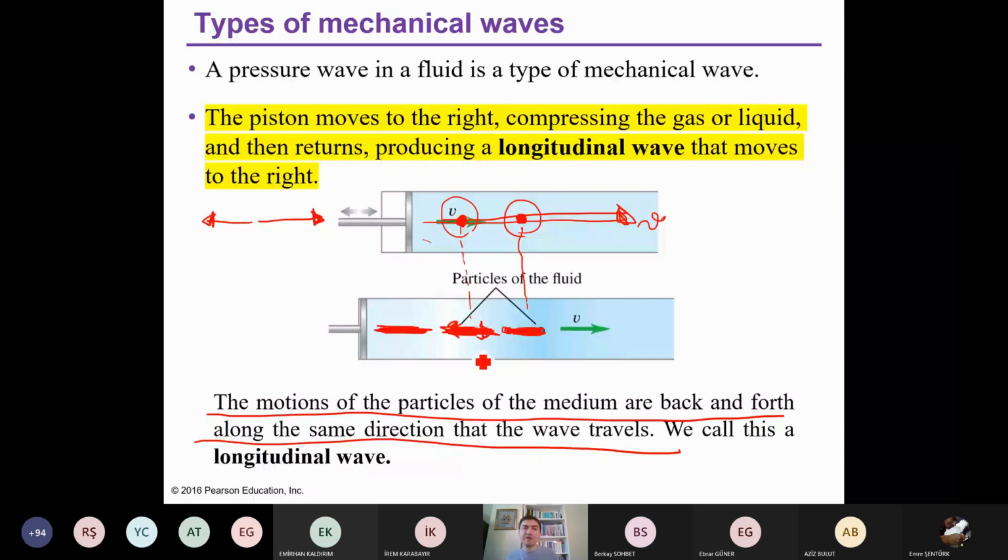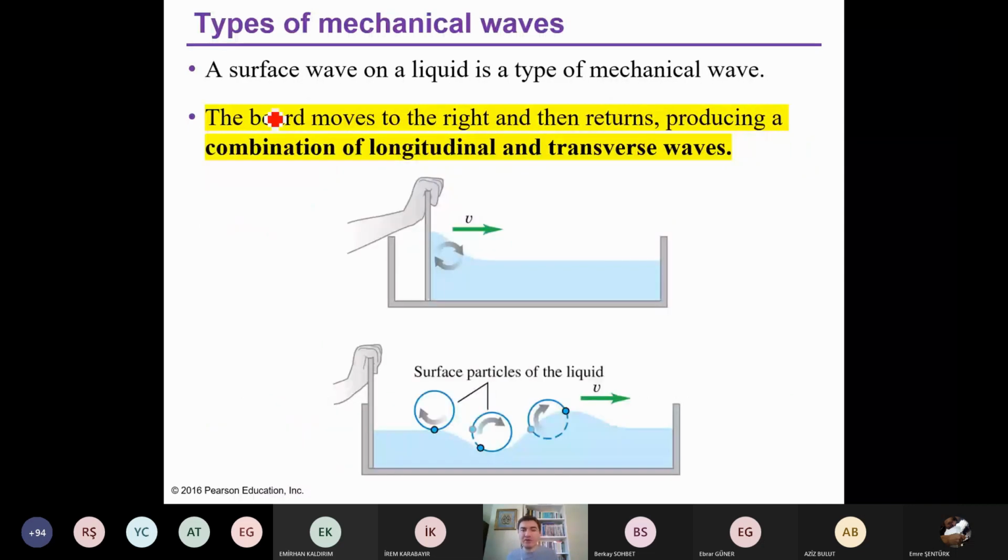And let me show you another type of mechanical wave. Here we have a combination of longitudinal and transverse wave. So here there is a board, okay? At the beginning, this board is here at rest, and you apply force back and forth, okay?